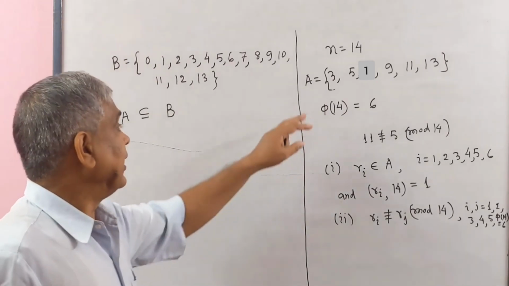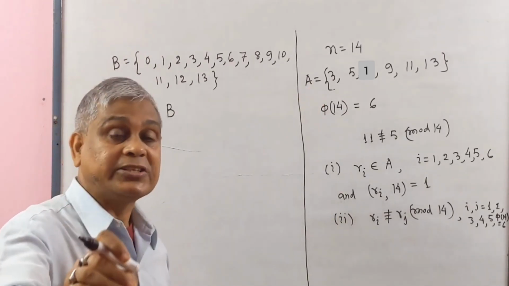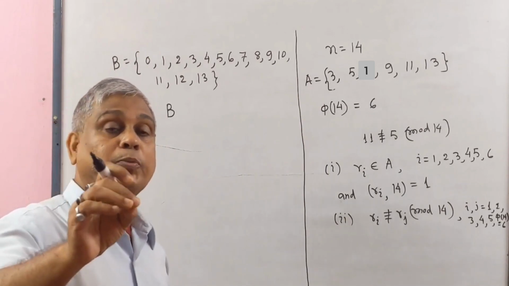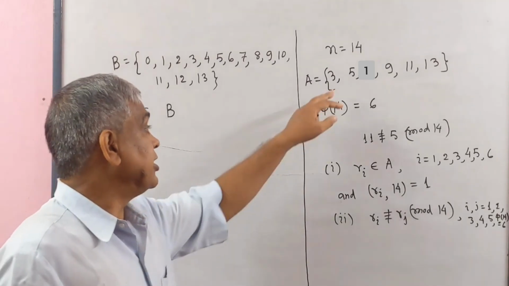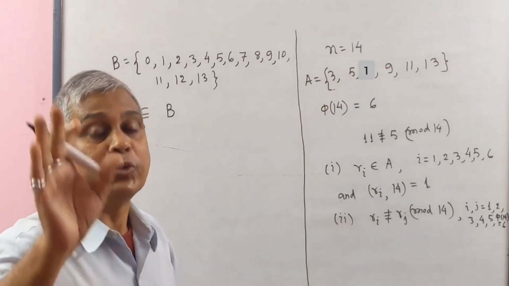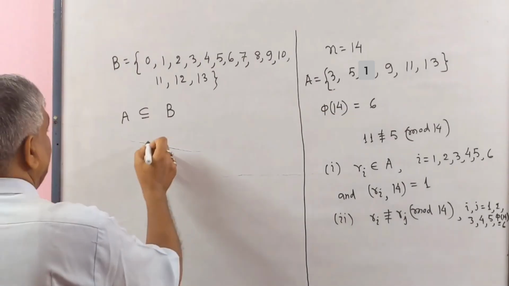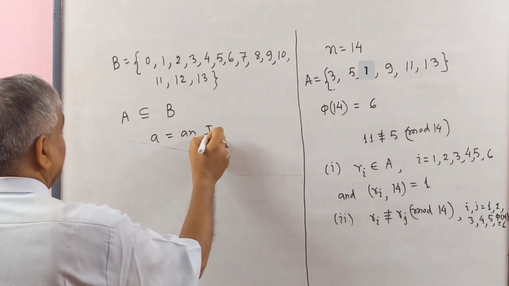Therefore, elements of A are those residues modulo 14 such that these residues are relatively prime to 14.